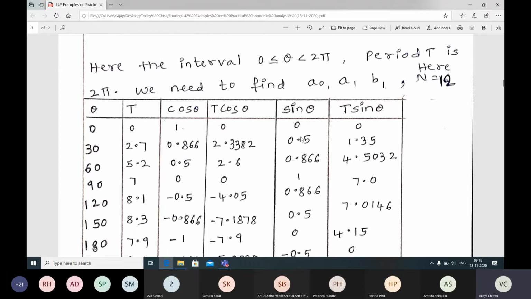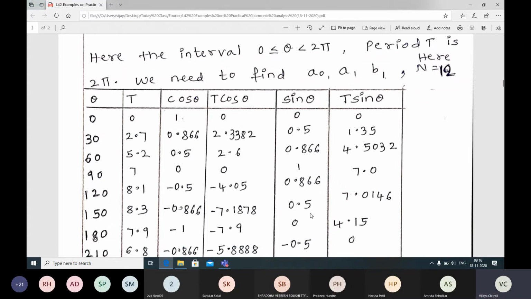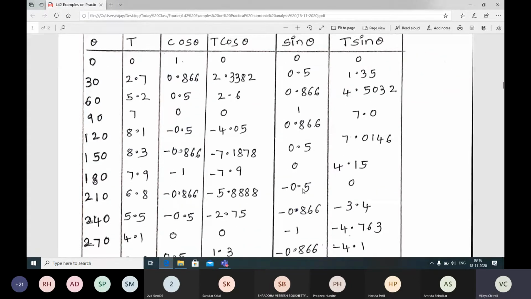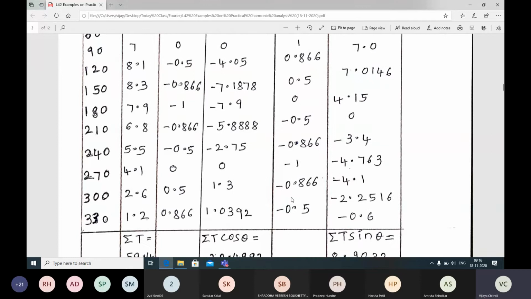So sine 0 is 0, sine 30 is 0.5, sine 60 is 0.866, sine 90 is 1, sine 120 is 0.866, sine 150 is 0.5, sine 180 is 0, sine 210 is minus 0.5, sine 240 is minus 0.866, sine 270 is minus 1, sine 300 is minus 0.866, and sine 330 is minus 0.5.